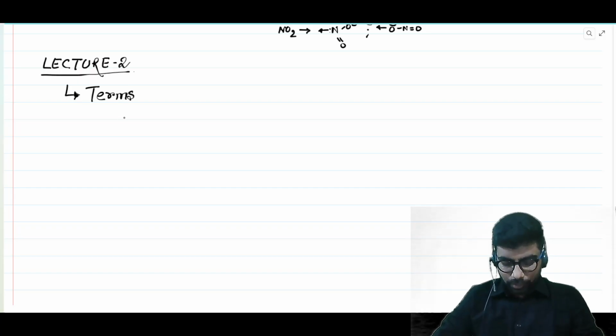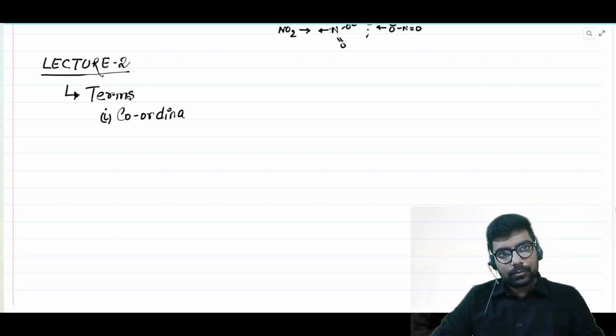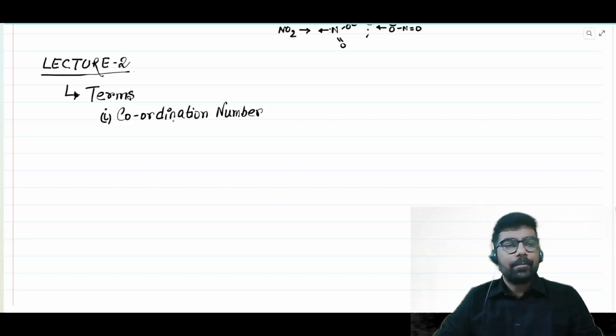The terms like coordination number, and then the following terms like coordination sphere.